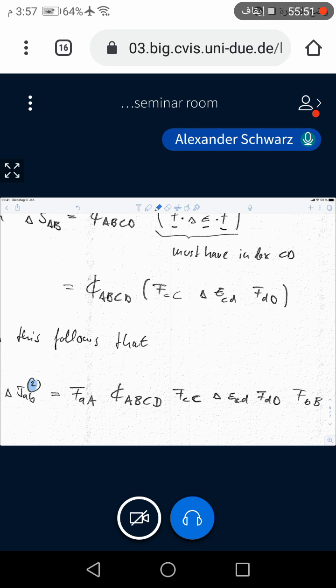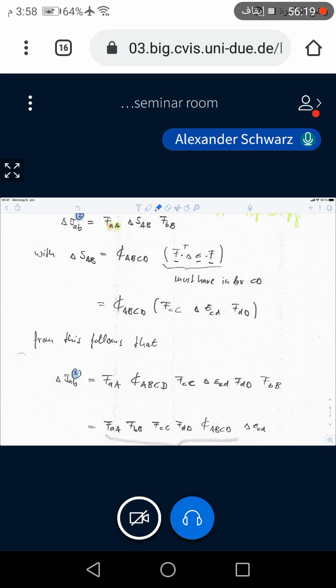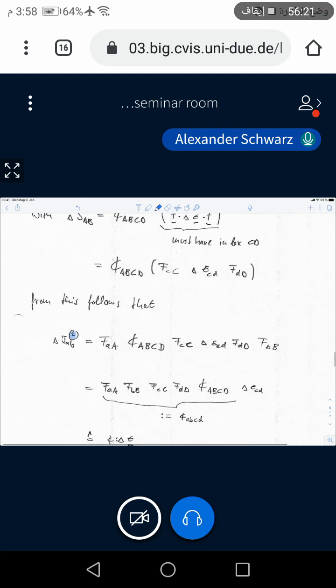And the most important rule here is, if you want to push a vector, then you need only one F from the left to the right. If you want to push a second order tensor, then you need two Fs. And straightforward, if you want to push a fourth order tensor, then you need four Fs in order to push each basis, capital A, B, C, and D, to the actual configuration, that looks like that.